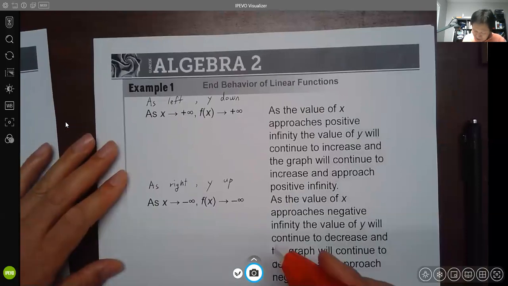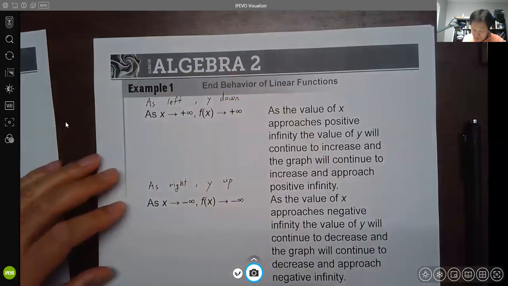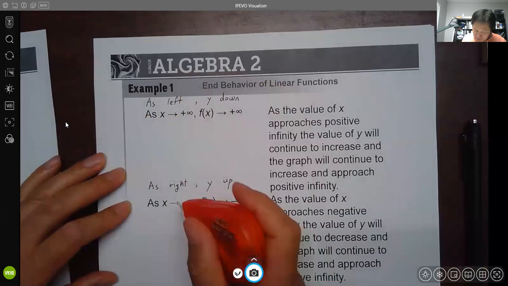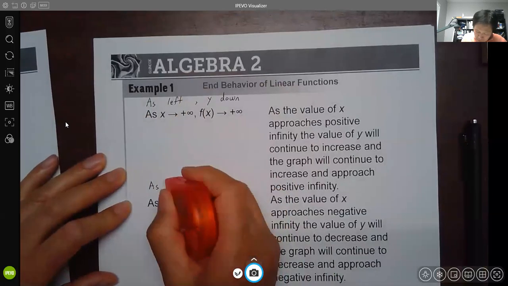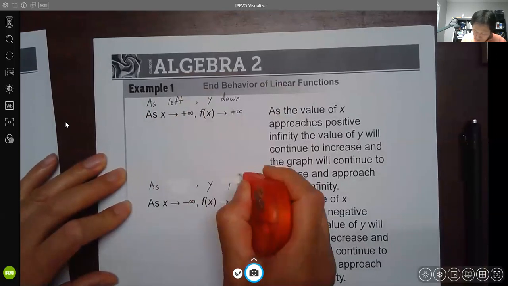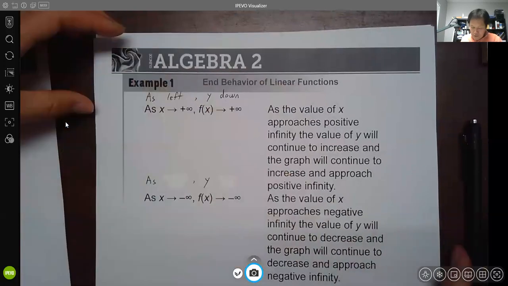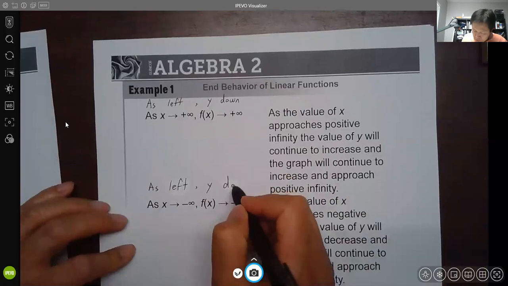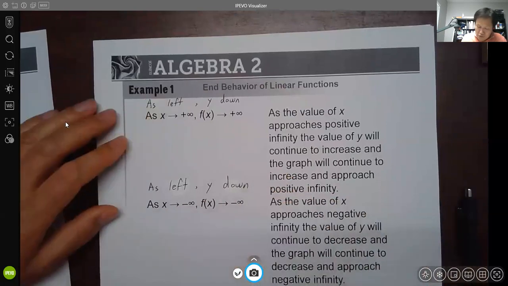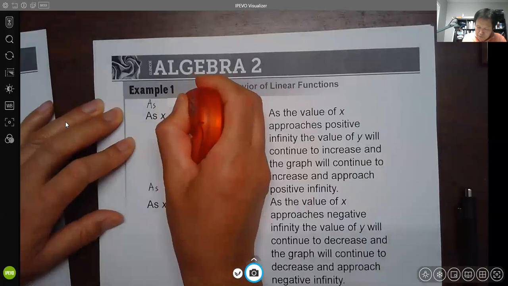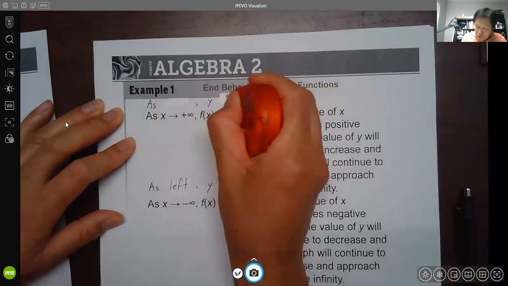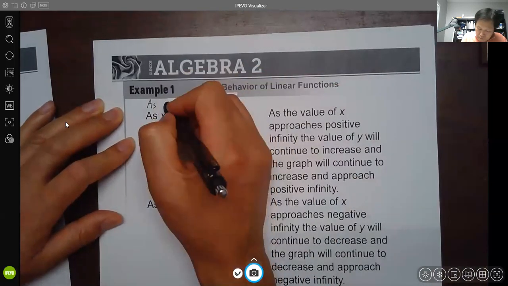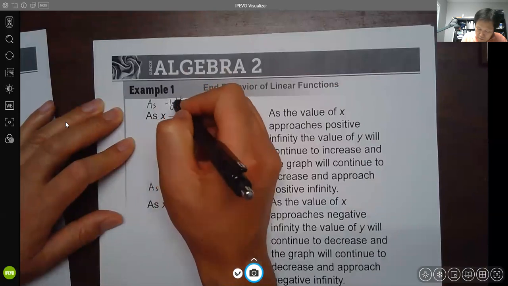Left down is this one. As you go to the left, y goes down. As you go to the right, y goes up.